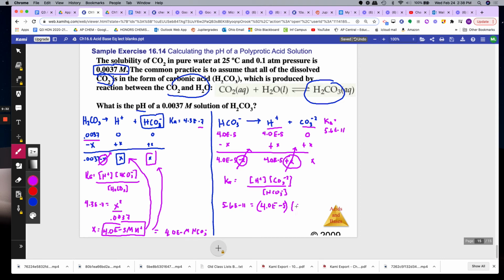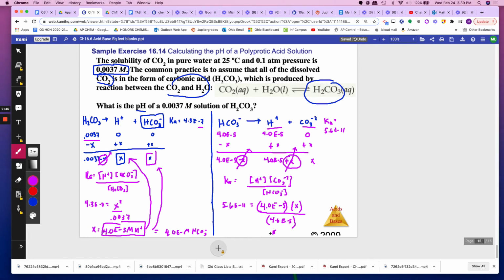This X is here. And this is 4.0 E negative 5 as well. Okay. So when solving for X, this cancels mathematically, which is 5.6 E negative 11. That just equals to 1.